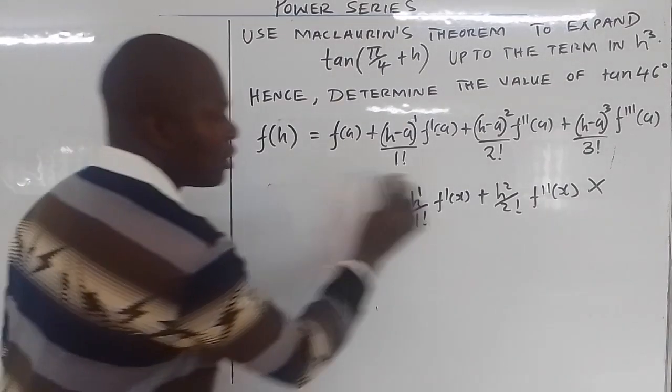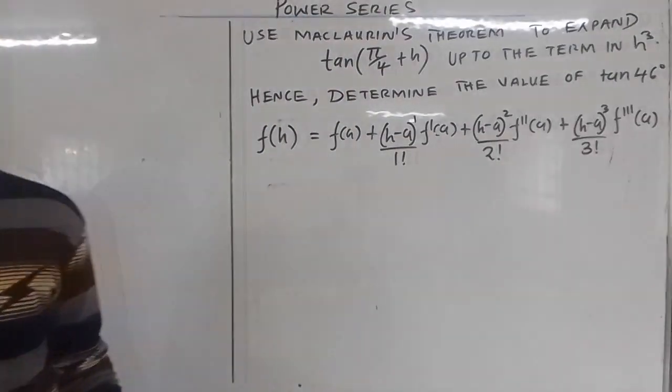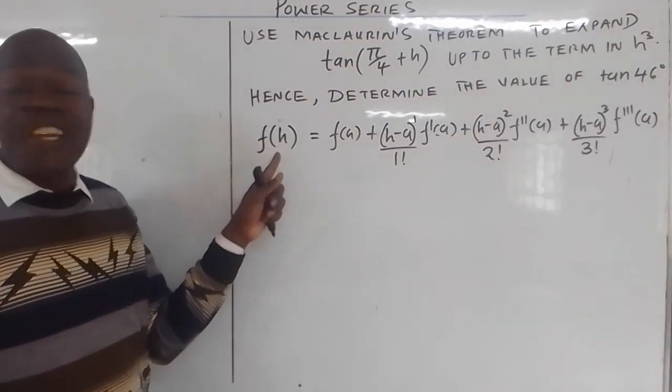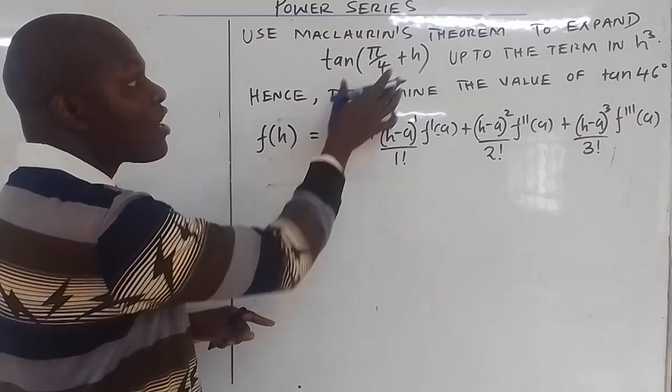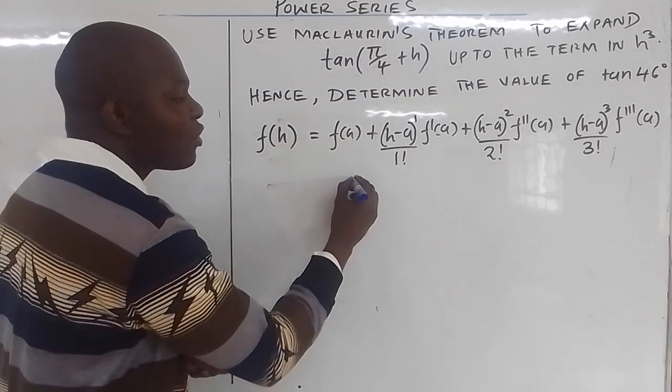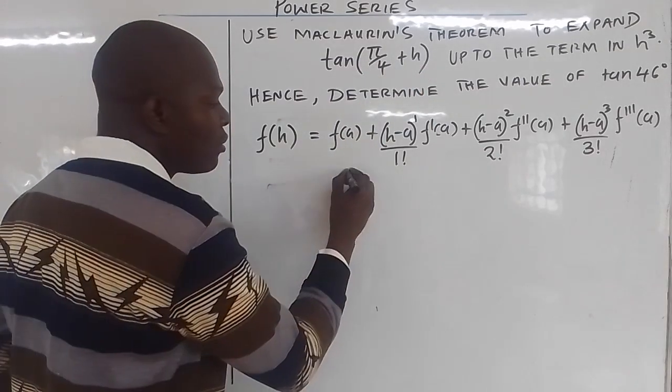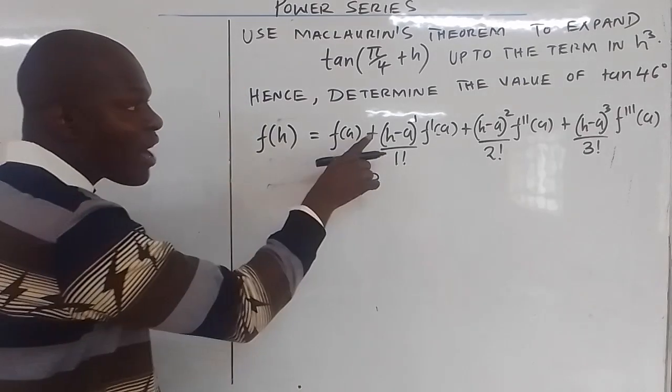So after you've done that, this is now the Taylor expansion of f of h, but you want Maclaurin's theorem. Meaning in Maclaurin's theorem, a is equal to 0. So where there is a, you put 0.